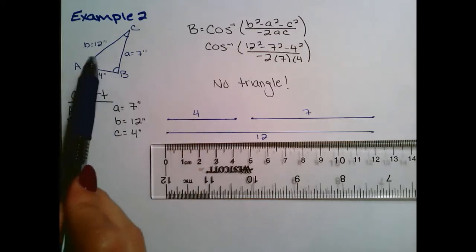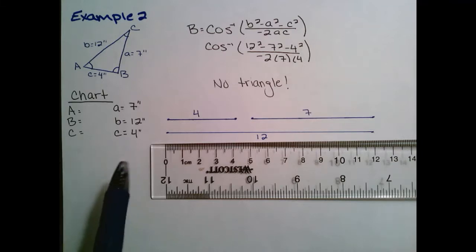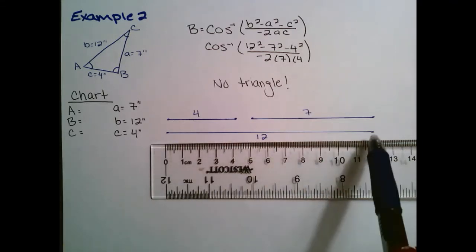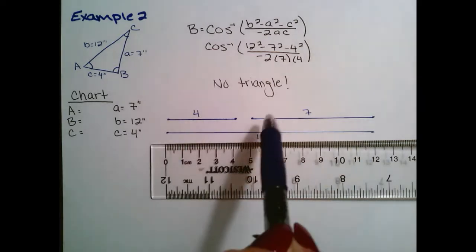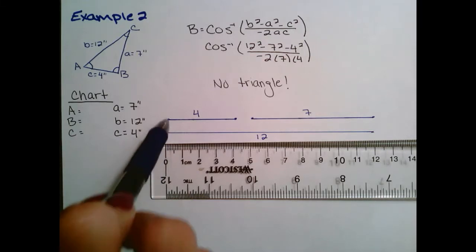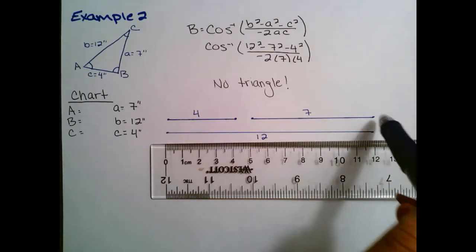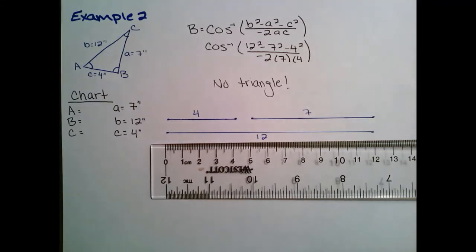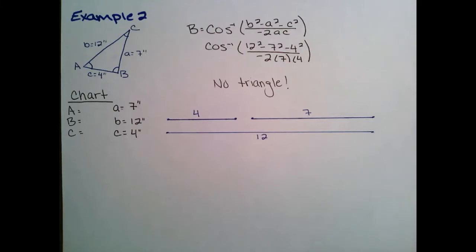I took the sides of this triangle apart, so to speak, and I drew a 12. Instead of inches, I did centimeters, so you can see it on the paper, and then 4 and 7. So think about moving these lines, and that if I want this point to touch this one and this point to touch this one, ask yourself if these two would be able to touch. All right, but again, that rule is that the two smaller sides must add up to be greater than the larger side. All right, let's move on to another example.